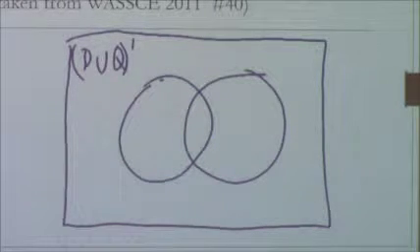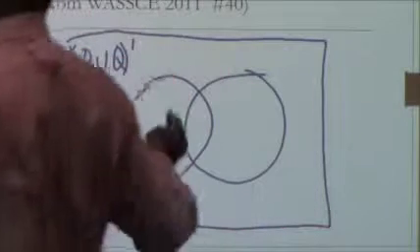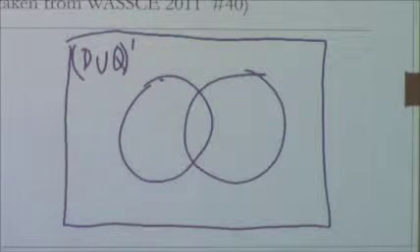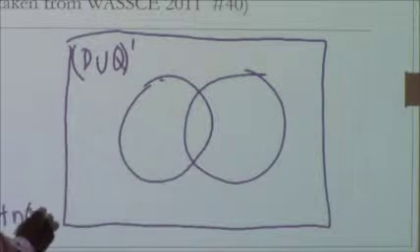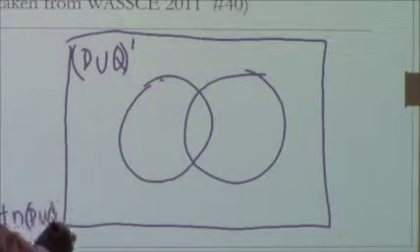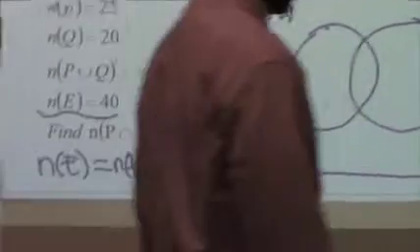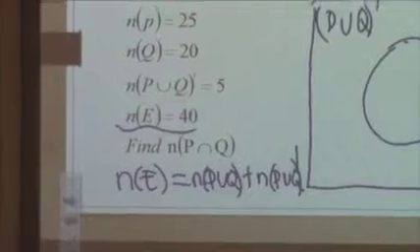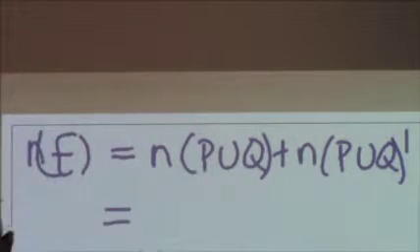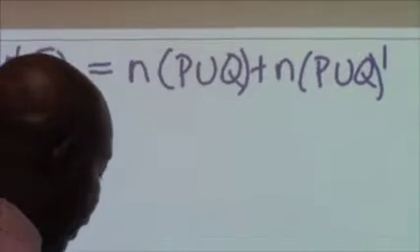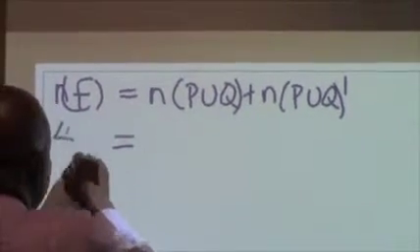We also need to know here, I don't think I indicated that, but here's very important information: the number of elements in E will be equal to the number of elements in P union Q plus the number of elements in P union Q prime. And this is going to be our saving information. If I go back, I see that the number of elements in E is 40.